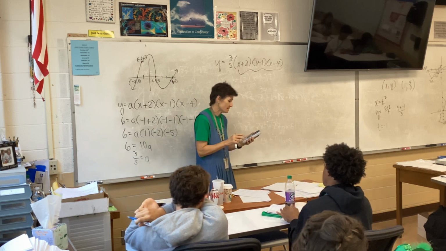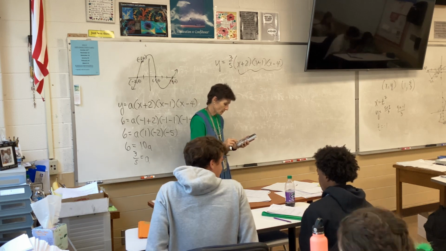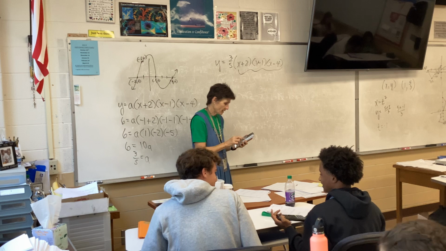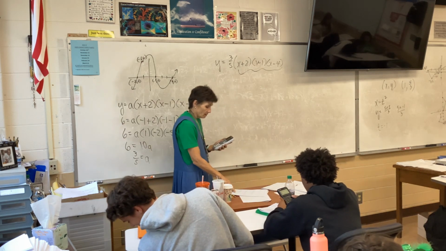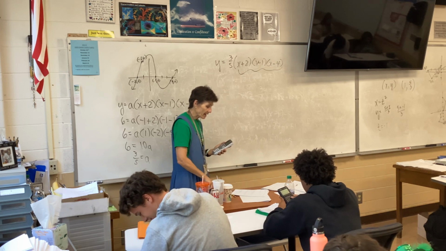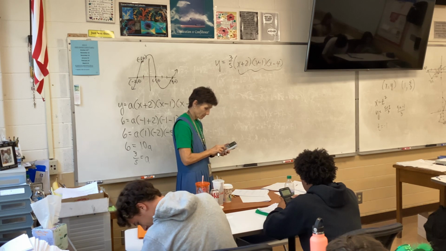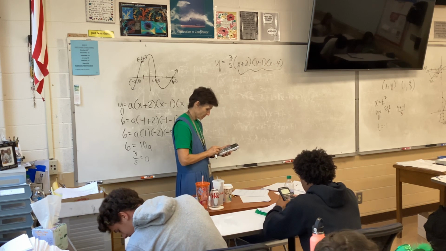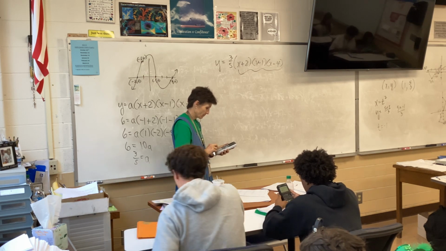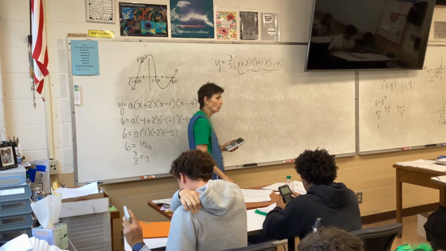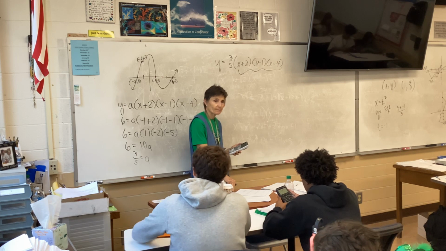Now, let's do a quadratic regression on our calculator. We know what that means. We're going to go to Stat Edit. For Stat Edit, we're going to put our x's in. L1 is your X's, L2 is your Y's, just like a T-chart.